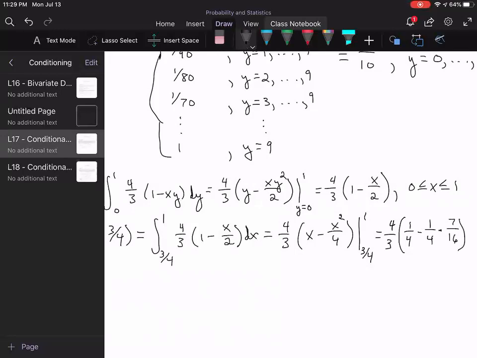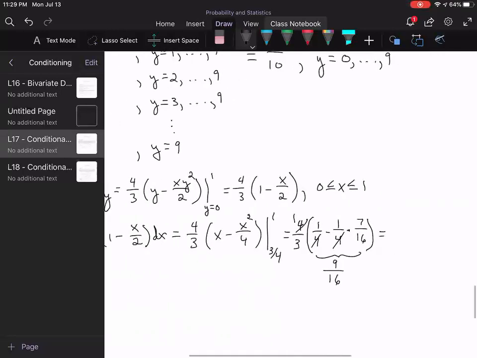I'm going to simplify a little bit by multiplying the 4 outside through. So this is 1 minus 7/16, which is 9/16. And you still have the 1/3 outside, which is 9 over 48.